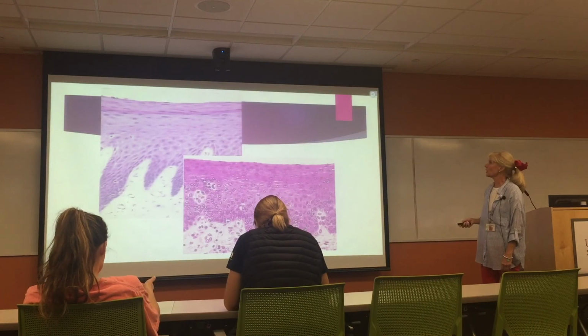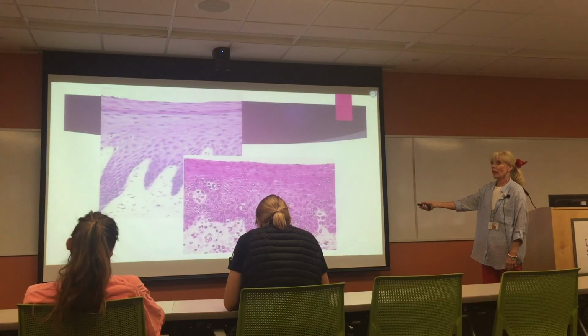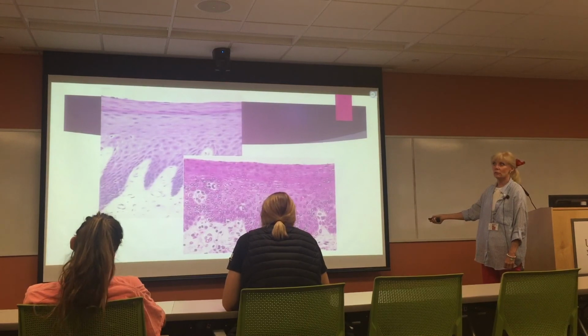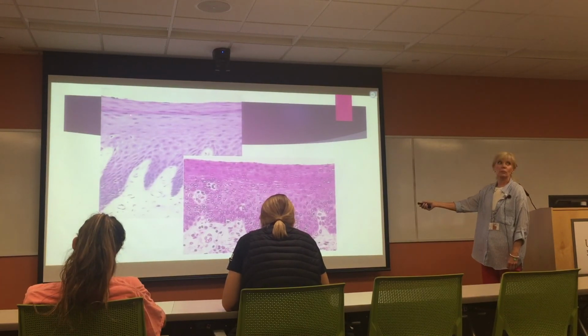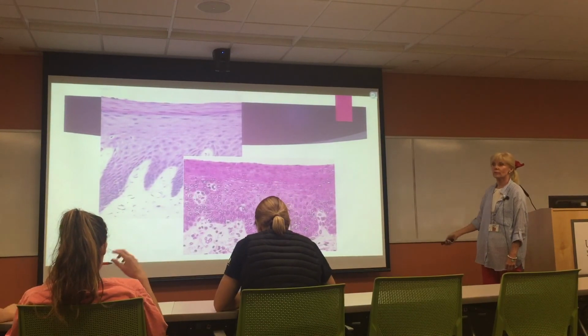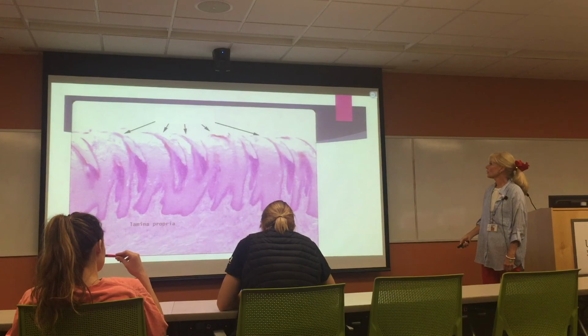Okay, this is just a slide to show you the difference. On the left is one kind of epithelium, on the right is another. Which is which? Which says para. And, right. What are these?